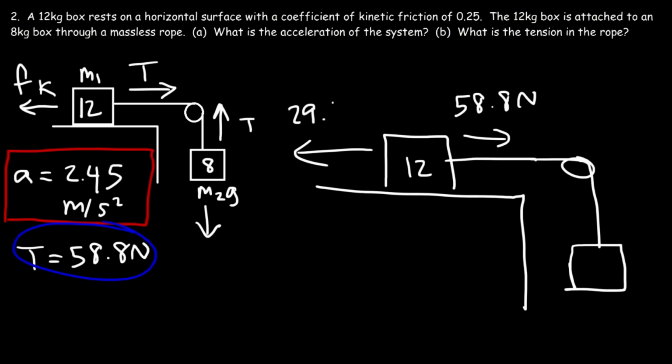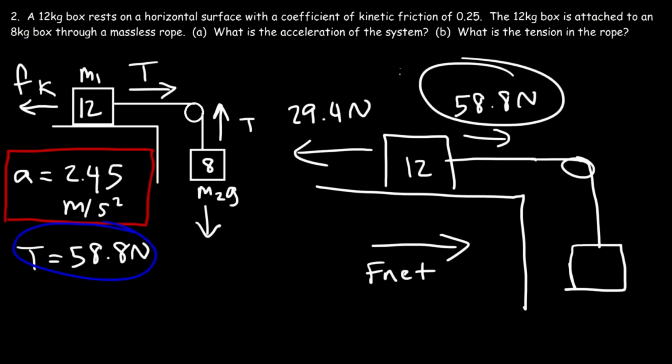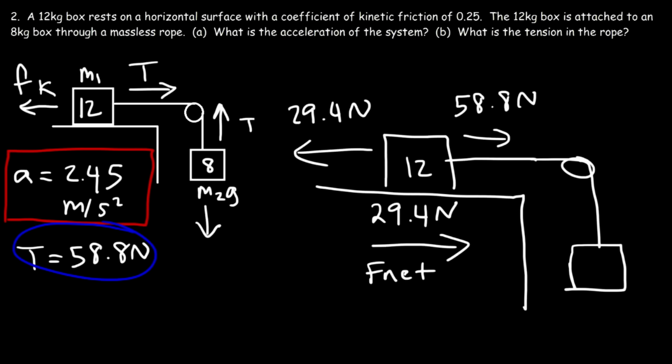So that's 29.4 newtons. So to calculate the net force on this block, it's going to be the difference between the force that accelerates it to the right minus the force that decelerates it. So it's 58.8 minus 29.4, which is 29.4. And to confirm that answer, what you need to do is take the mass of the block and multiply it by the acceleration. Based on Newton's second law, that should give you the net force. So 12 times 2.45 does give you 29.4.